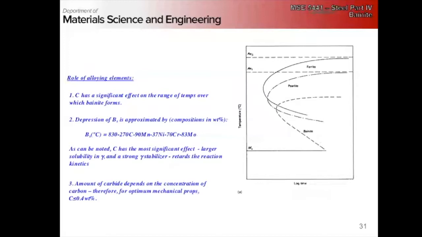Okay, so the role of the different alloying elements. Carbon, as you might expect, the amount of carbon in your system is going to have a huge effect on the range of temps over which bainite forms, right? And you can think about that in terms of the shape of that T0 curve, right?